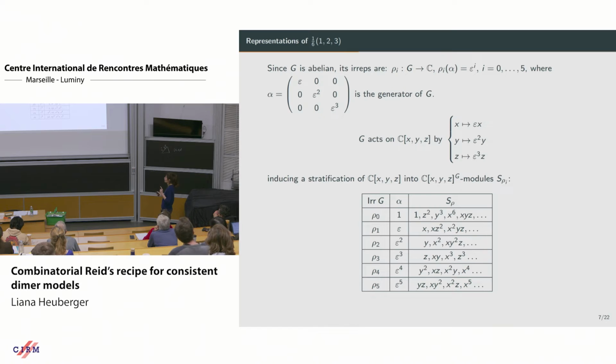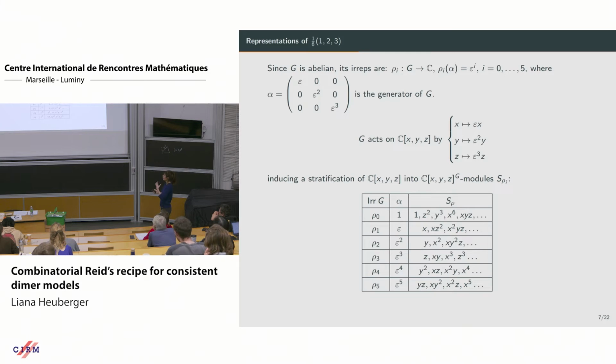This action induces a stratification into G-invariant modules, one for each representation. For rho 0, the trivial representation, the monomials that generate S rho are simply the invariant monomials with respect to this action. In the one-character space, which is basically what this S rho is, you put all of the monomials that pick up an epsilon when you act with G, etc. Every monomial falls into one of these 6 categories.